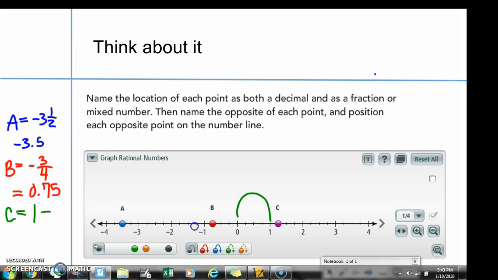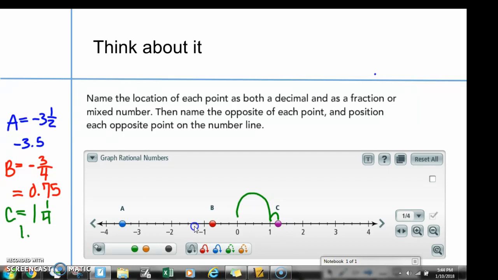Again, we know that our denominator is going to be 4 because we need 4 pieces to make a whole. How many fourths do we go over from 1 after we passed 1? Just 1/4. So the correct answer for C is 1 1/4. Now, how do you turn 1 1/4 into a decimal? Well, we know that the 1 is going to stay the same.